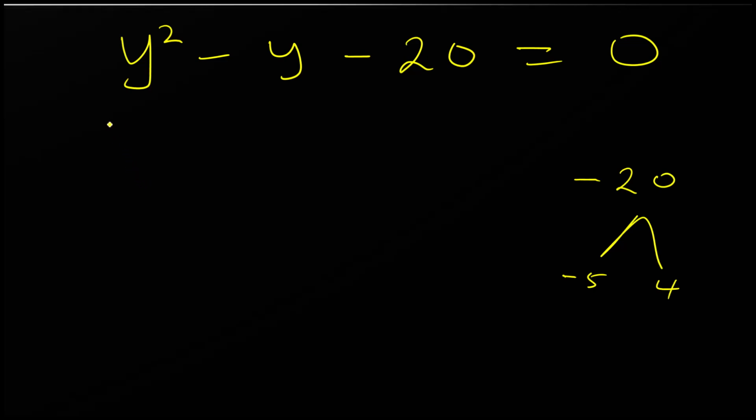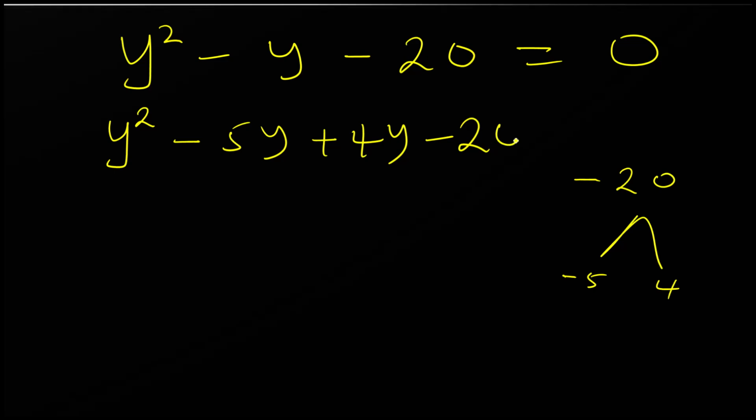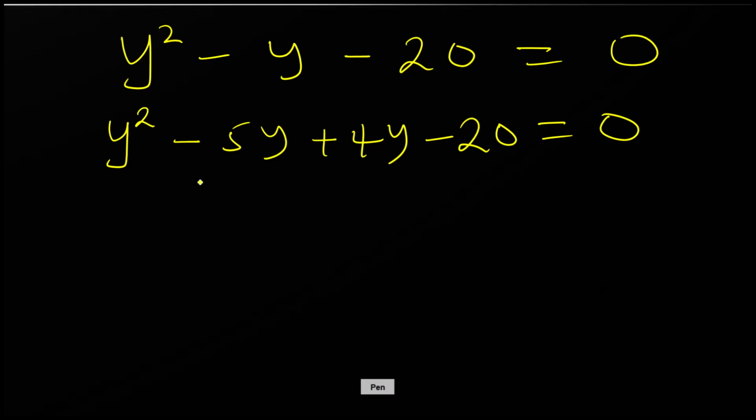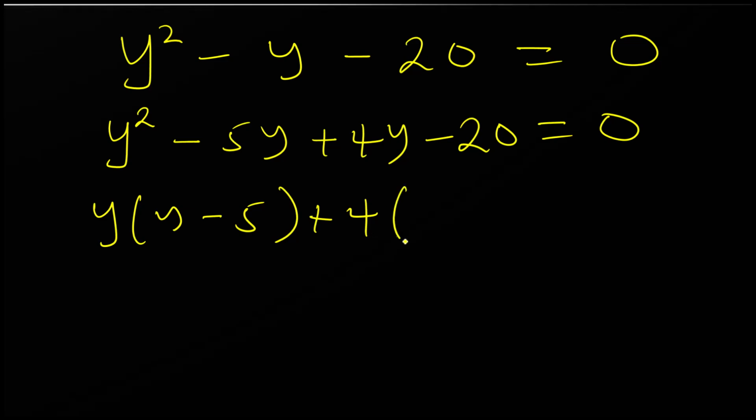So from here, y squared minus 5y plus 4y minus 20 equals to 0. Okay, so we can take y out here. y minus 5 plus 4 y minus 5 equals to 0.